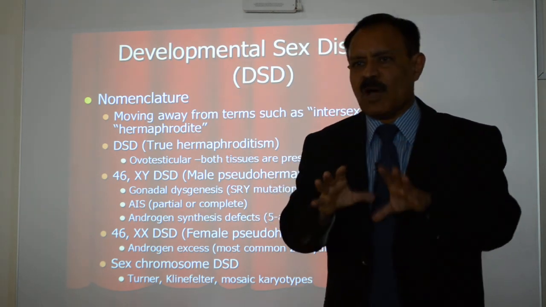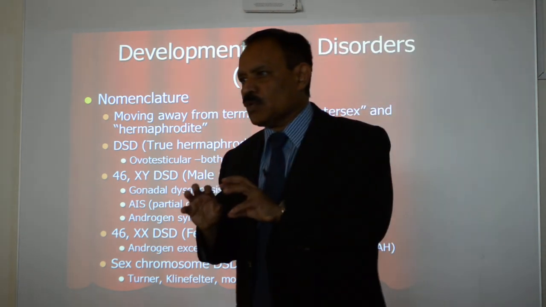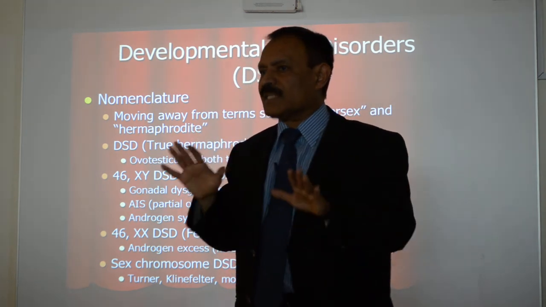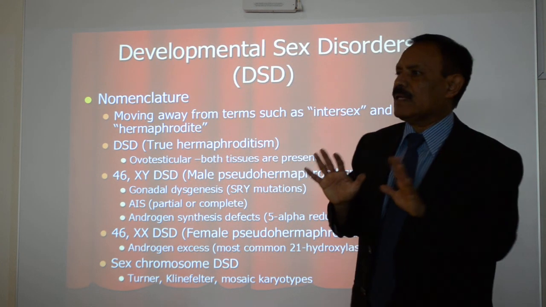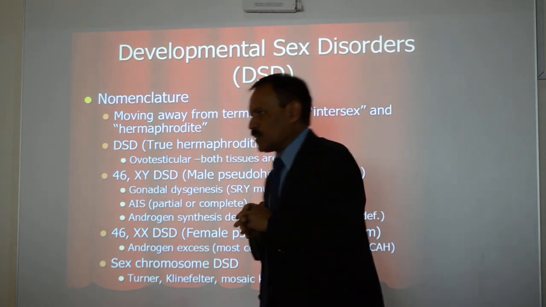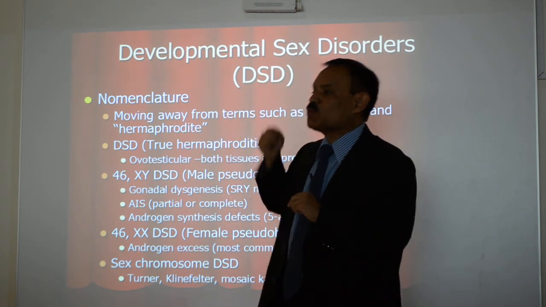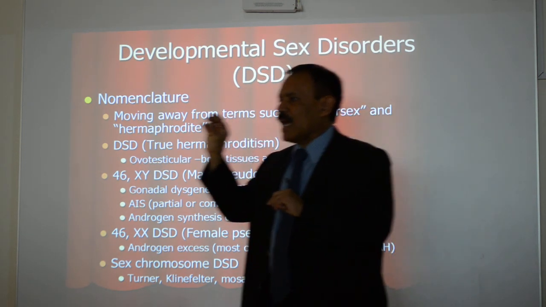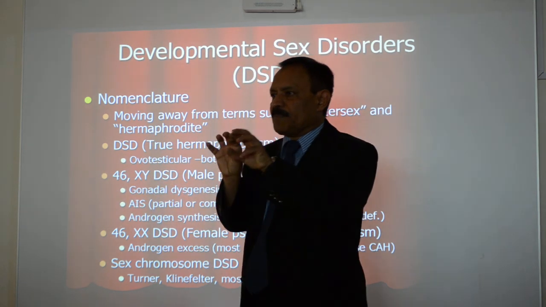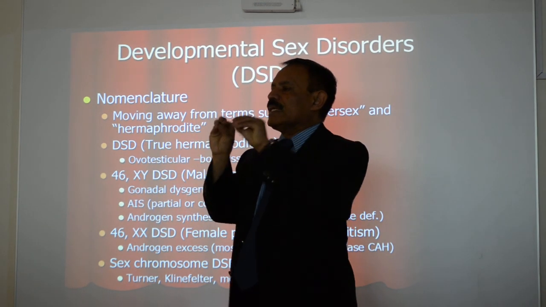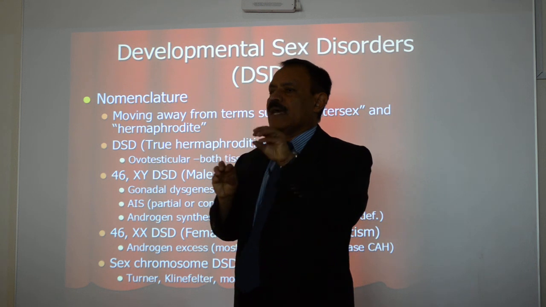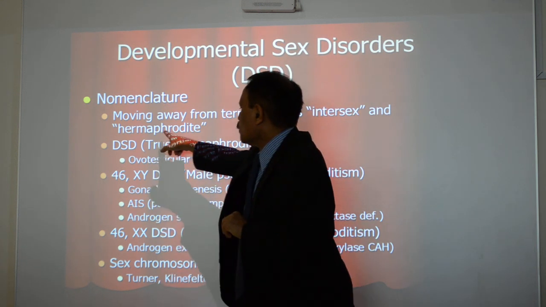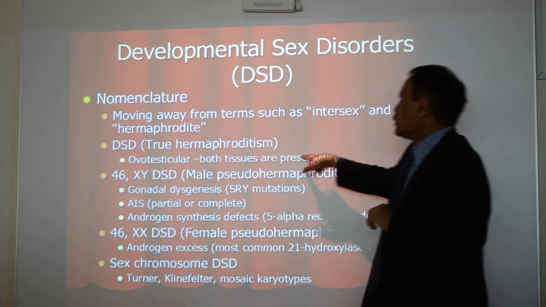It's a very abnormal situation. How it is produced, you can go back to the book, but it's the rarest of the rare, and I feel you should not be worried about that. But what I'm saying is, that is the true problem, because it is neither a boy nor a girl, it's a 50-50. You understand? Because it contains both ovary and testis, it is called, as written over there, ovotesticular, both tissues are present.